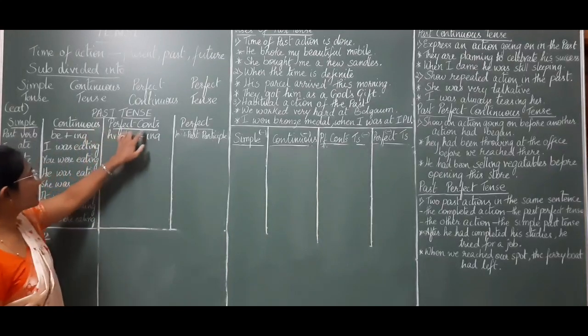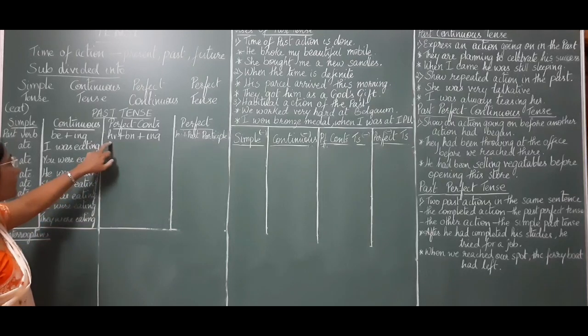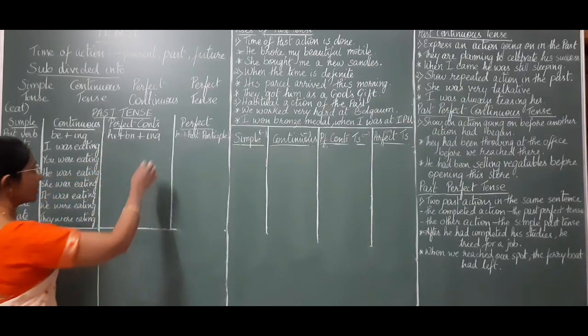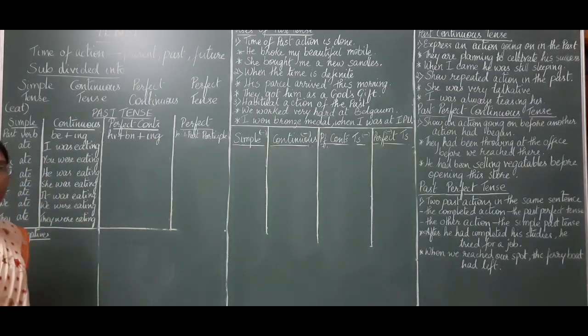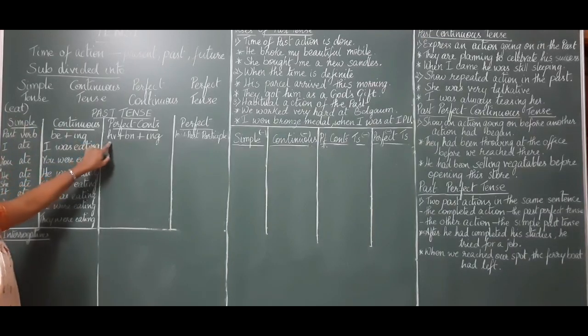Past perfect continuous tense takes have in past tense, be plus ing form or the present participle form of the given verb. Eat, eaten. So the past tense of have will be had.